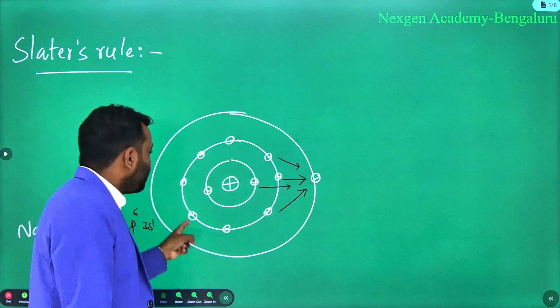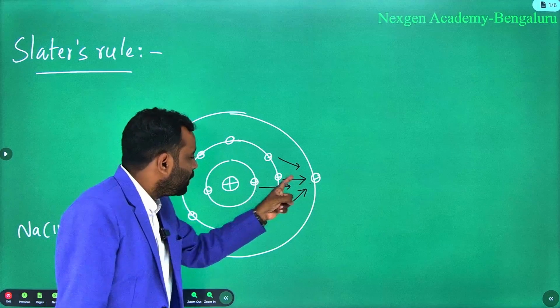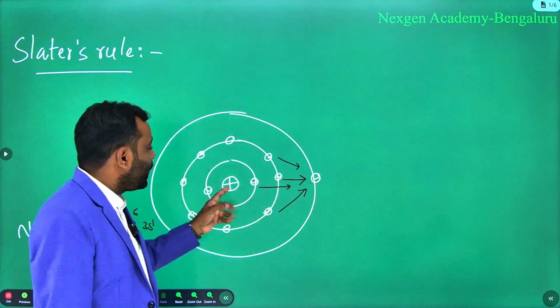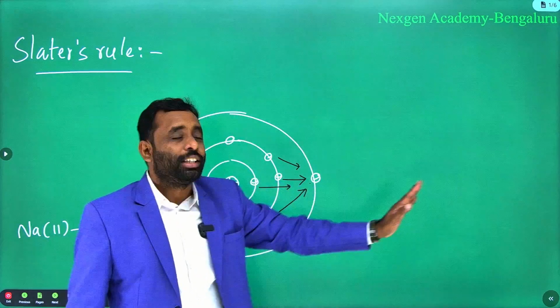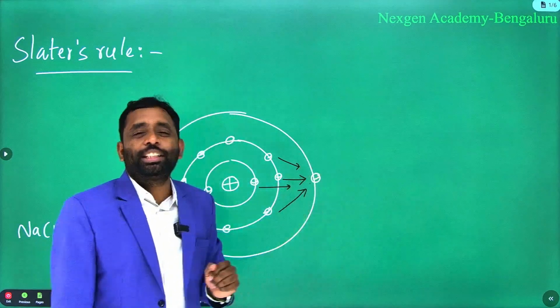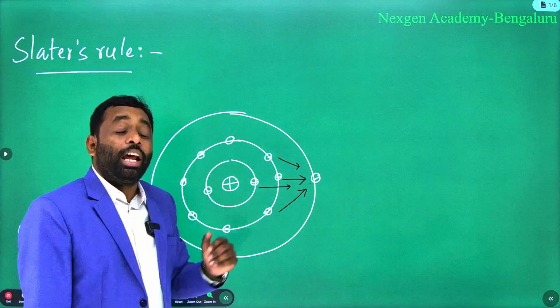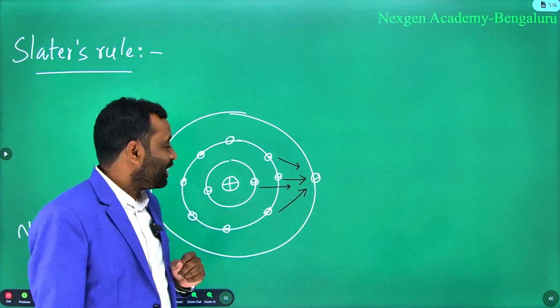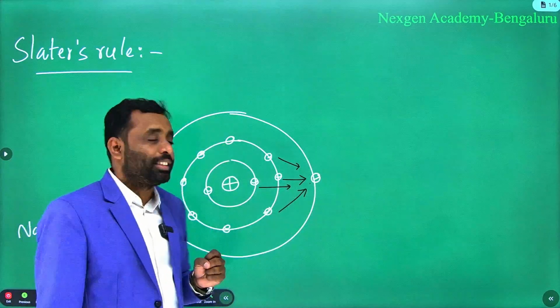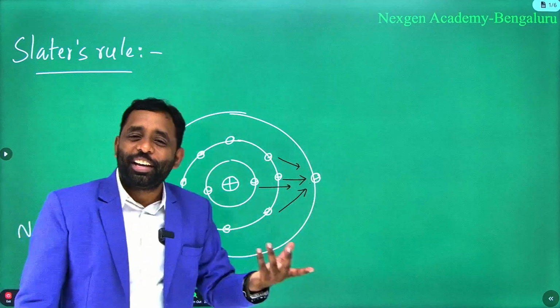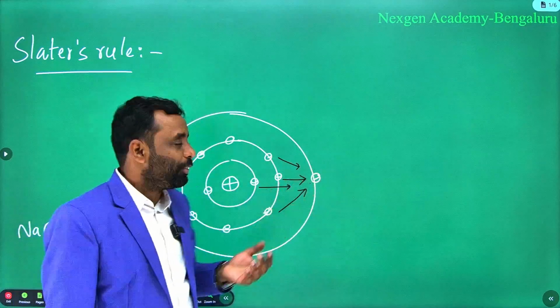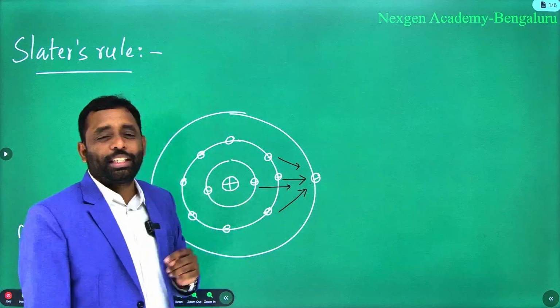But in the process of revolving, inner electrons come in between the outer electron and the nucleus, and they repel, pushing the electron away from the nucleus. That's why this electron experiences less than 11 protons' attraction. That decreased attraction will affect the size of the atom, electronegativity, ionization potential, everything is linked with that. That's why try to understand this.